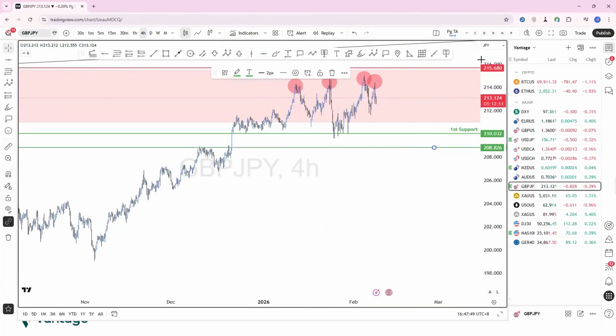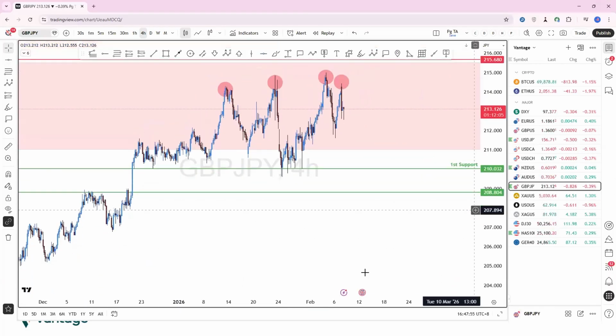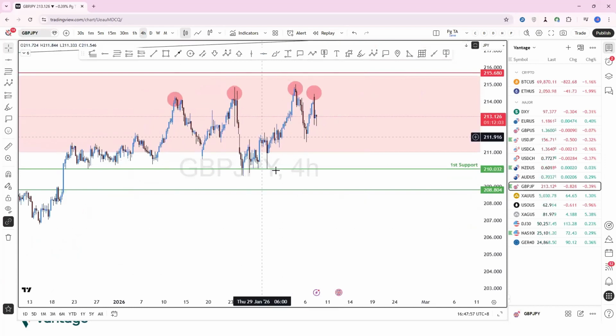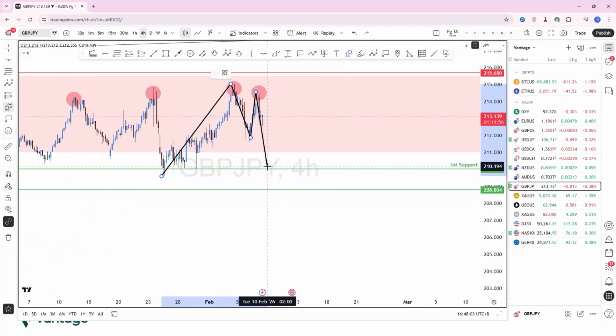Second support I will put here. Okay. So right now they are being ranging, unless the H4 is gonna do something like that. They go here, bounce, you pull back, then you sell.